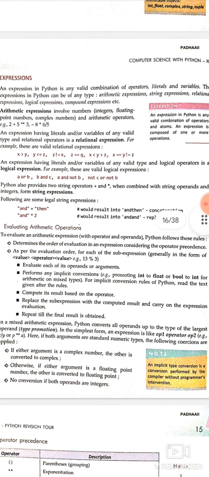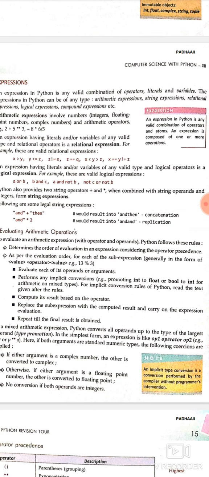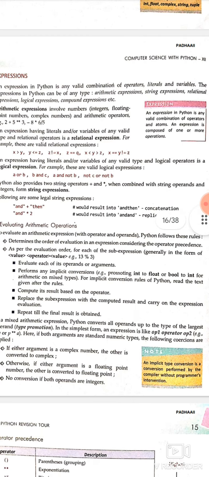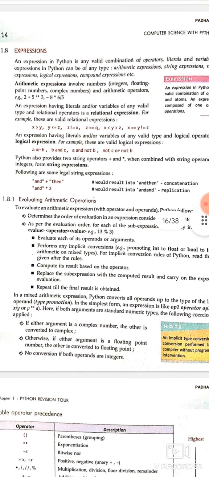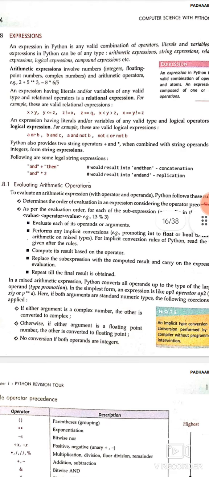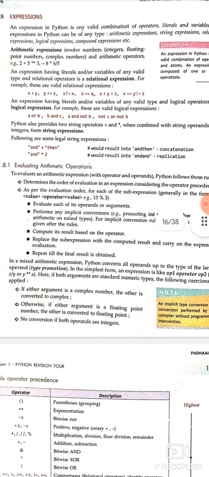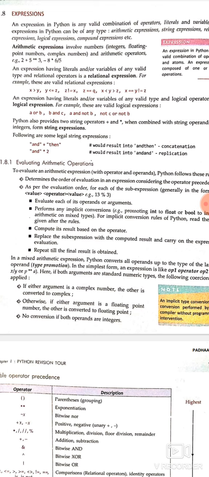It determines the order of evaluation in an expression considering the operator's precedence, as per the evaluation order for each of the sub-expressions, generally in the form value operator value, like 13 modulus 3. It evaluates each operator or argument, performs any implicit conversions if there are any, computes its result based on the operator, replaces the sub-expression with the computed result, and carries on the expression evaluation, repeating till the final result is obtained.